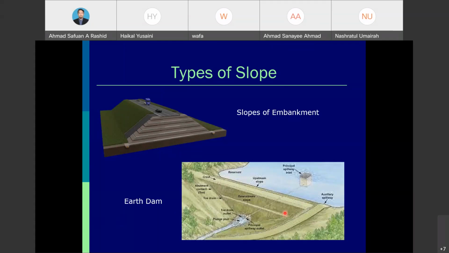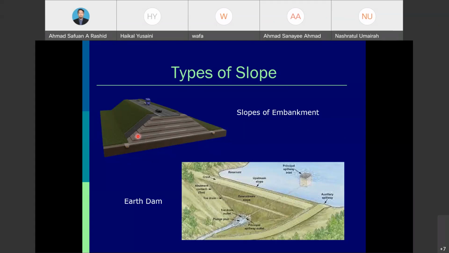However, we need to check the stability of this dam by including what we call seepage, because the water will penetrate or transmit inside this earth dam. So we need to run the analysis by considering the seepage parameter.